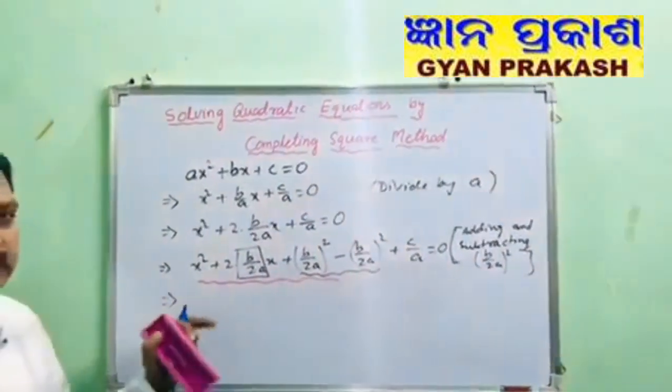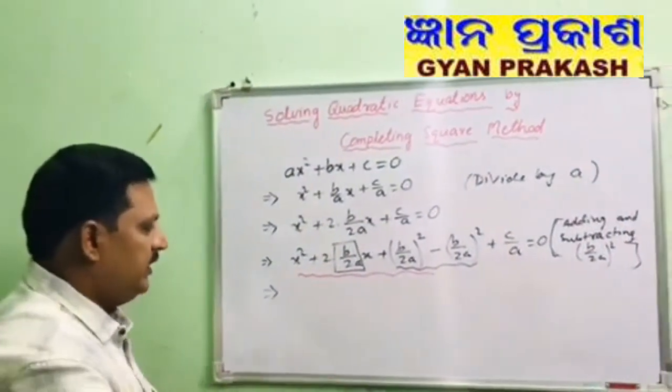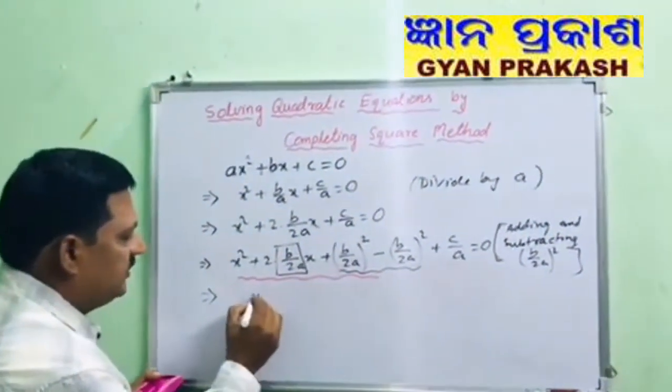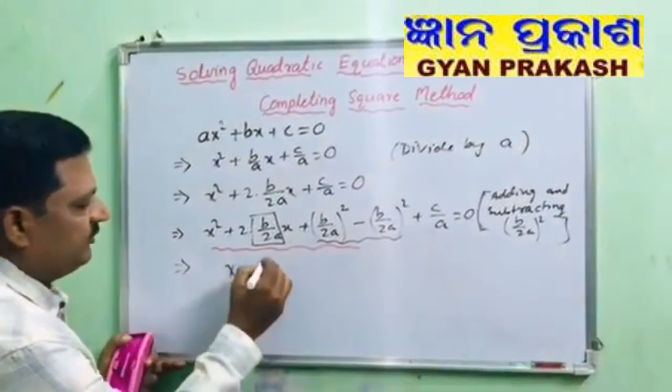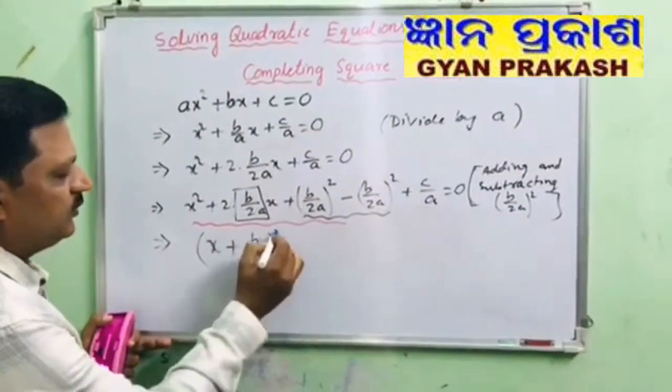And you know that is a plus b whole square. So we have a means here x, plus b means here we have b by 2a whole square.